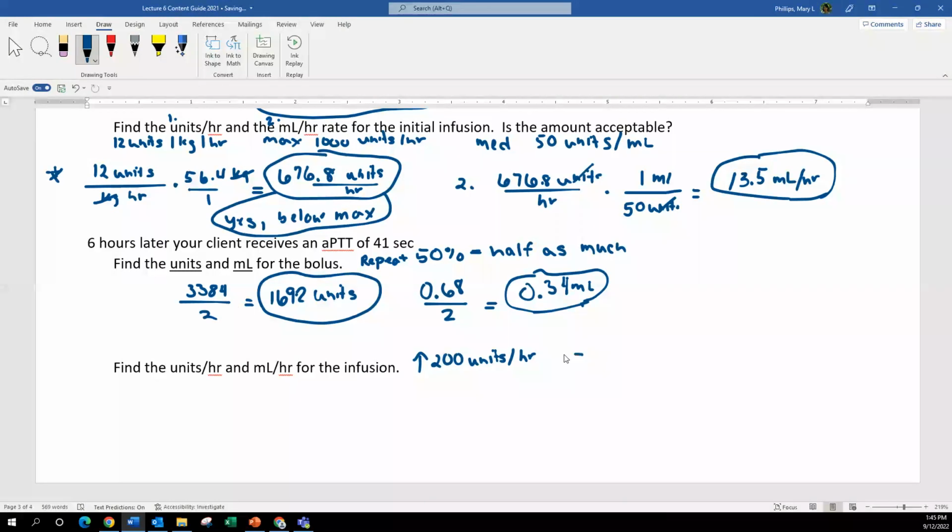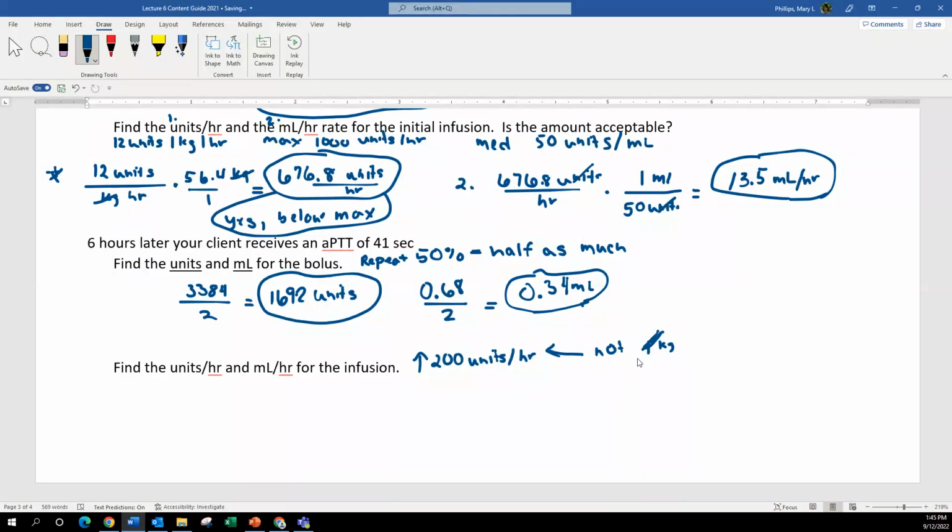But this increase is not per kilogram. So that does not have that slash there to make it per kilogram. So I can't add to the 12 because they're not like terms.